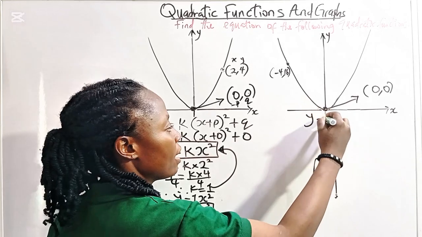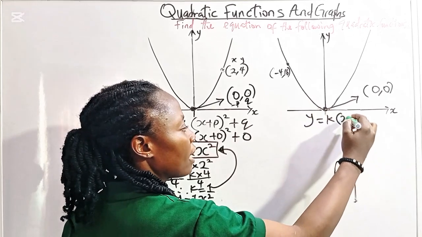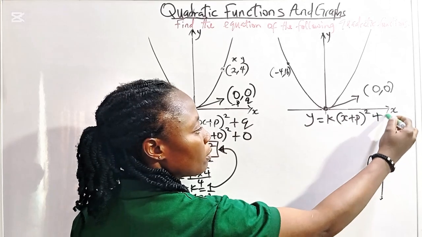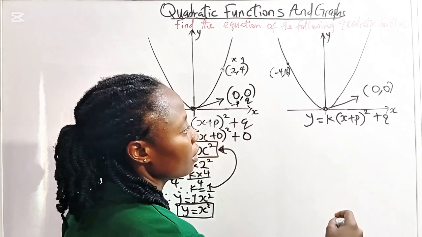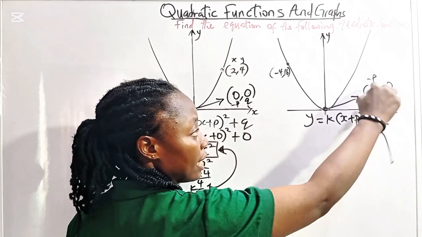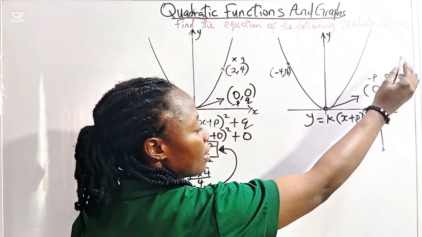We have y equals k, open your bracket, x plus p, all squared, then plus q. Good. So we are putting the values in, remember, this is p and it's negative, and this is q.